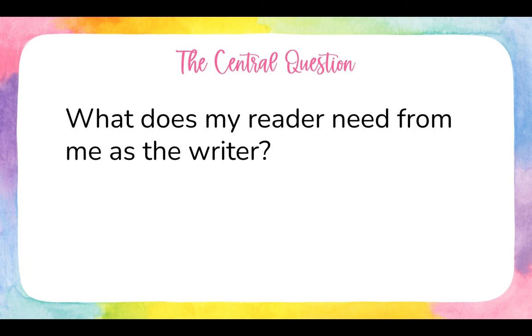And then what is it I want the reader to think, feel, or do? What is my purpose? And when we look at those two things together, but we really focus on how am I meeting the reader's expectations with what I write, we will learn to write more clearly and directly and rhetorically, because we are always anticipating the reader's needs.